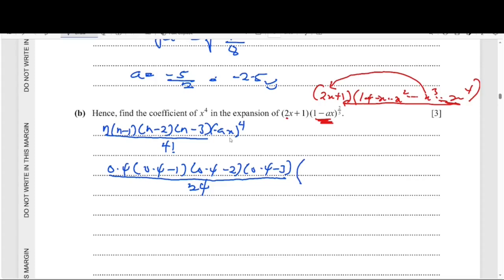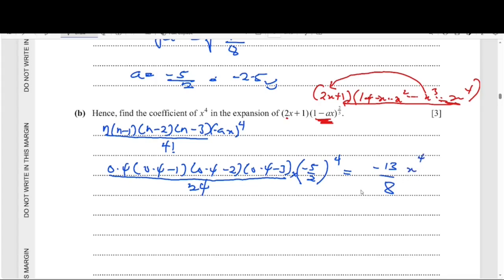I just need the negative a. Our a is negative 5 over 2, so negative 5 over 2 exponent 4. And this on the calculator gives me negative 13 over 8. So this is the coefficient of the x^4 term.